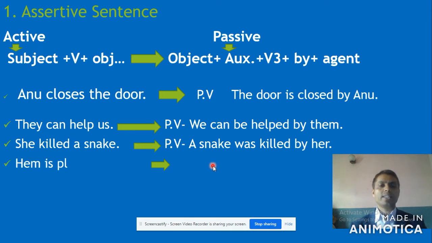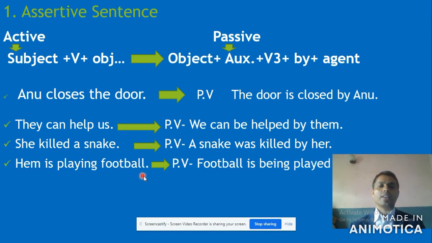Now look at the next one here. He is playing football. Subject, auxiliary, the ing form of the verb, and football is the object. Football becomes the subject here. Then is, since this is singular, football is. Then the ing form. This is the continuous category, present continuous or past continuous.